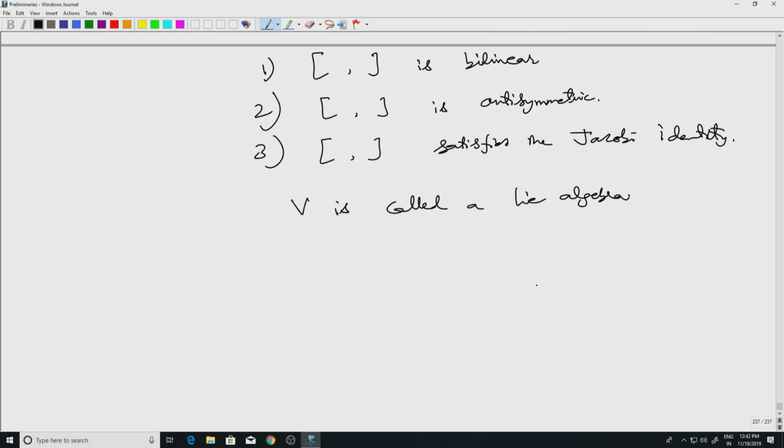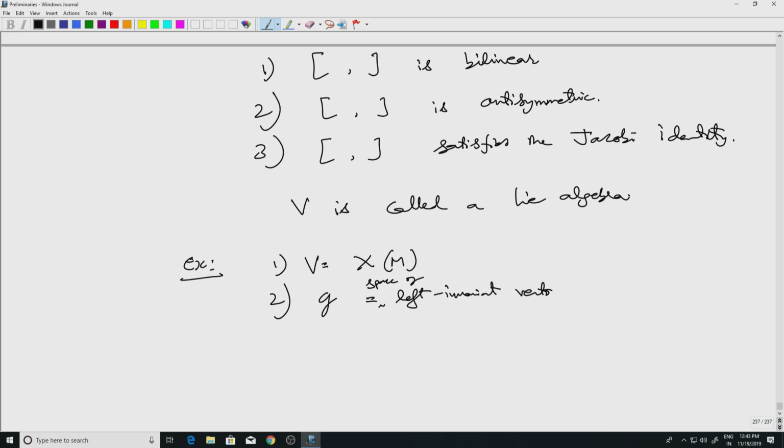And the two examples we have in mind are V equal to the set of smooth vector fields on a manifold, and this is not a finite dimensional vector space, but the second example we have is g, the space of left invariant vector fields on a Lie group.